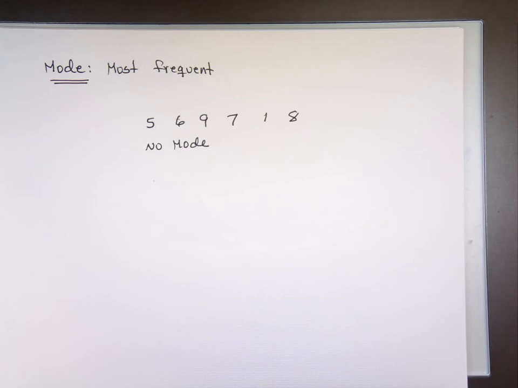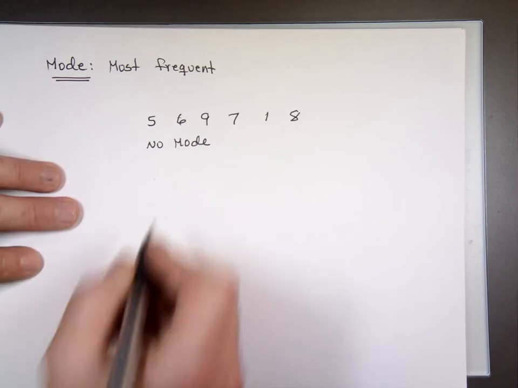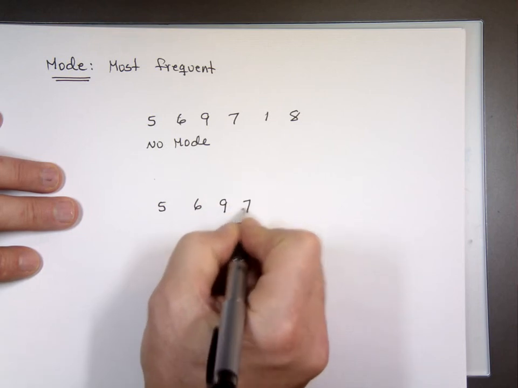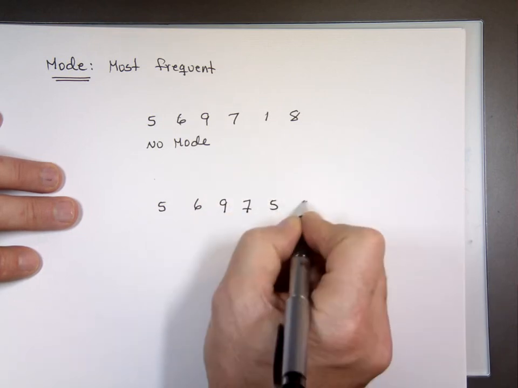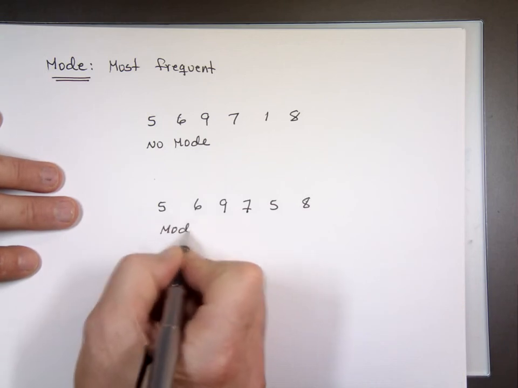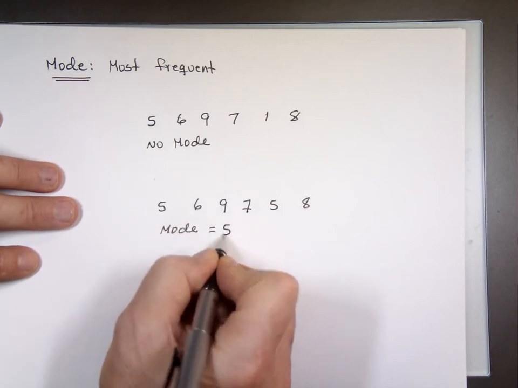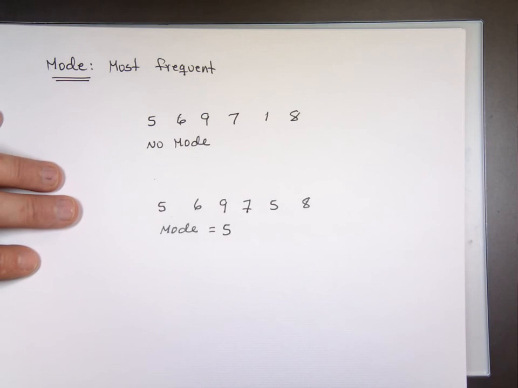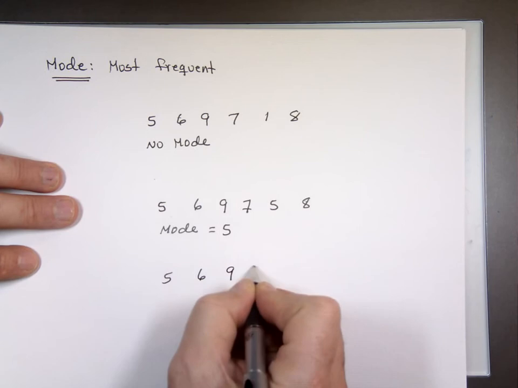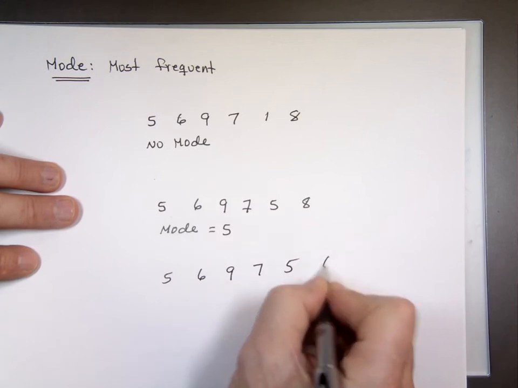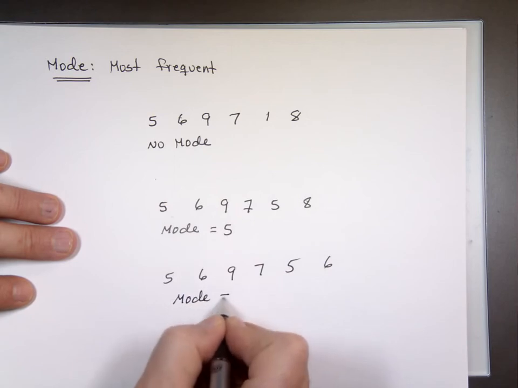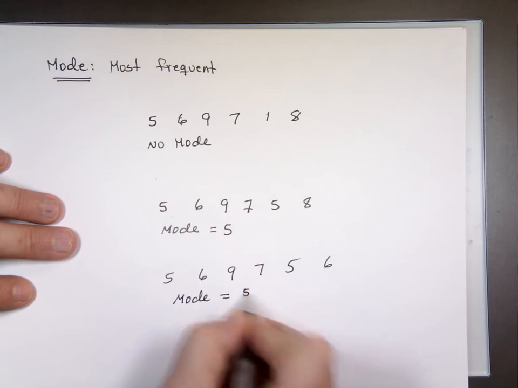On the other hand, if I go, well, we got a 5, 6, 9, 7, 5, 8. My mode is what? 5. If I have 5, 6, 9, 7, 5, 6, what's my mode? We have 2. Two modes. 5, 6. Both are modes.